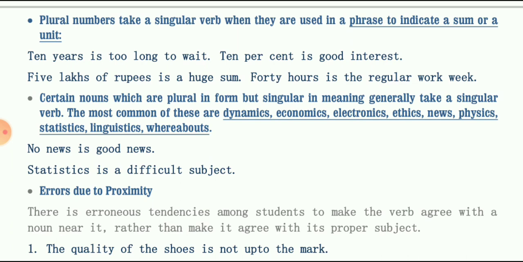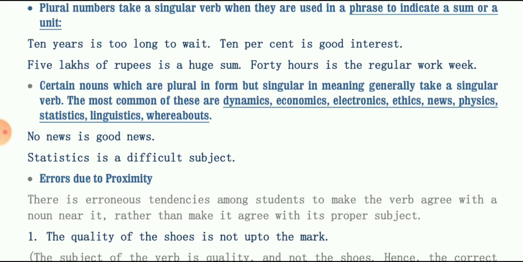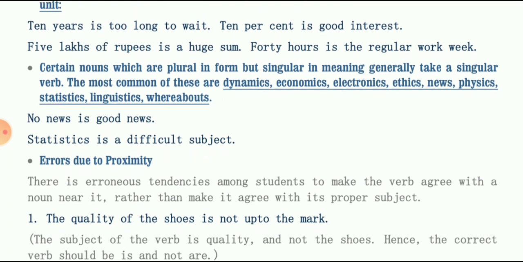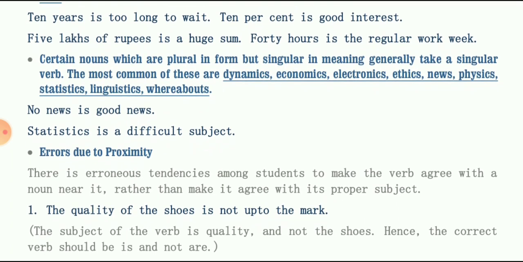Actually, these nouns look like plural but work like singular. No news. News is singular but looks like plural, so we will use "is". Statistics is a branch of maths, so that is singular, so we will use "is".